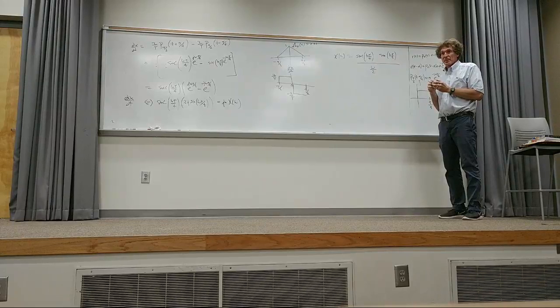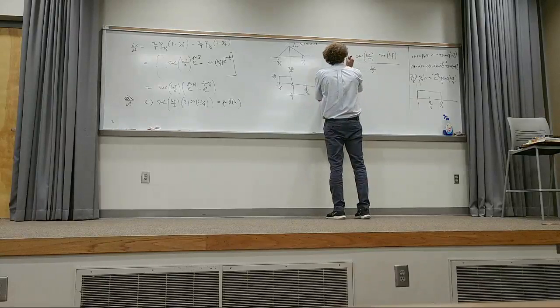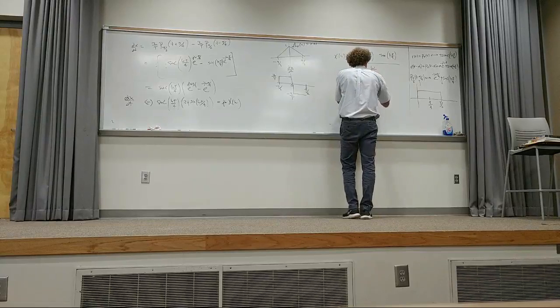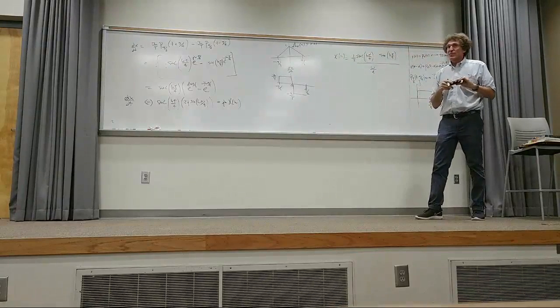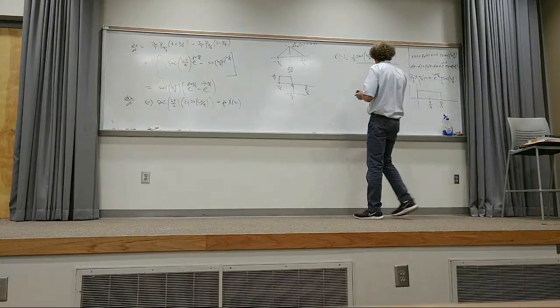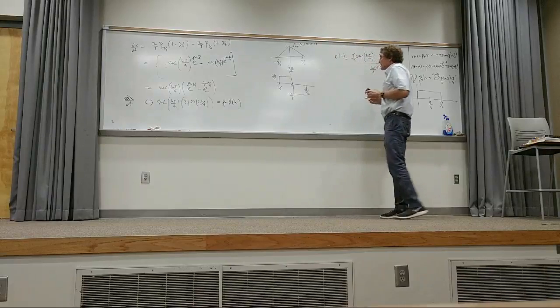Do you agree with me? When I do that, I get 1/2 here, and that becomes a 4. And what's the last step, class? Multiply top and bottom by tau, and I get a tau there, and that's the tau, right?